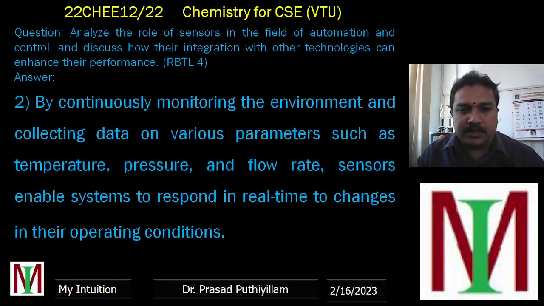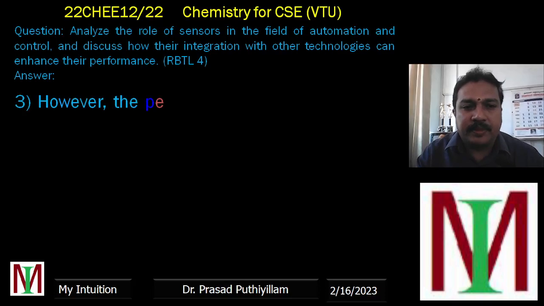In a chemical industry, the continuous flow of chemical, the flow rate, has to be controlled, otherwise the reaction may not happen properly. A proper amount of chemical should be supplied, so the flow rate has to be measured. To measure that, we need a sensor to detect the real-time changes in the operating conditions.